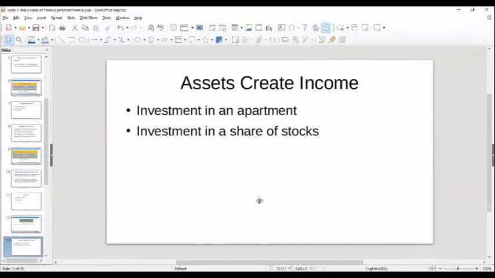Selling the stocks at a higher price gives you income. Or your investment in shares of stocks earns dividends. So if you have regular dividends from the corporation of the shares of stocks that you bought, that is your income.